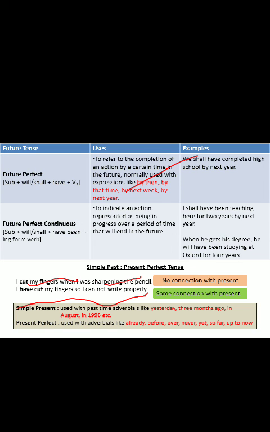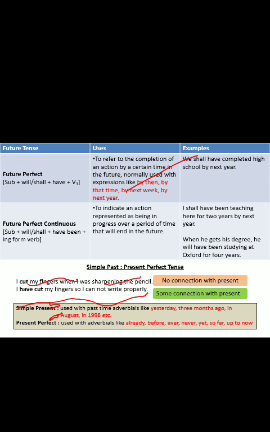And one very good example to distinguish well when to use simple past or present perfect. Here this present is to be written as past. Sorry for this inconvenience caused to you.